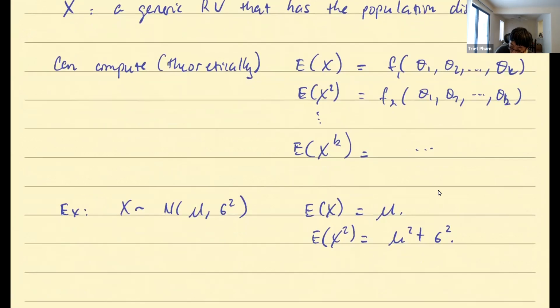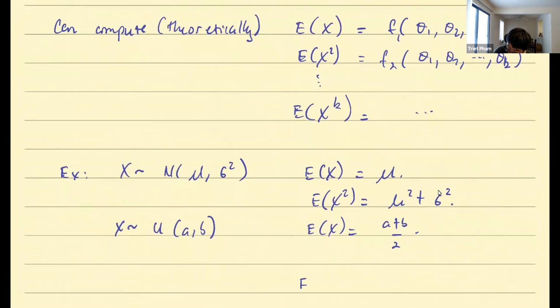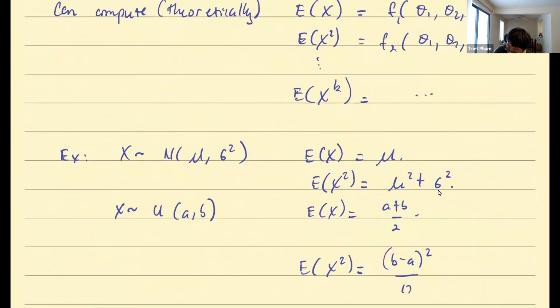If my population is uniform on A, B, then my expectation is A plus B over 2. My second moment is the variance, which is B minus A squared over 12, plus the square of the expectation, which is this square. Are we okay?